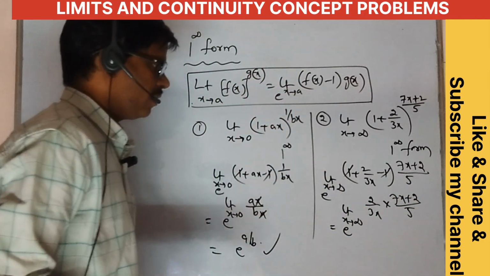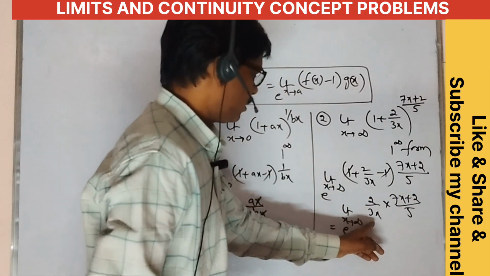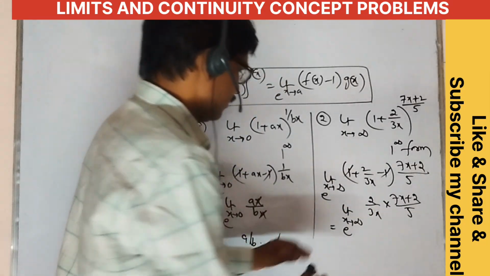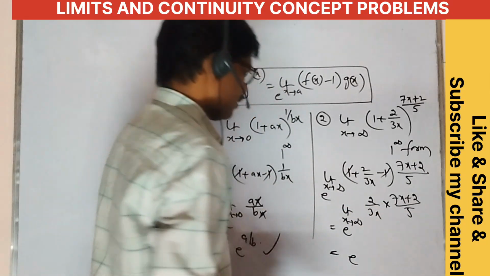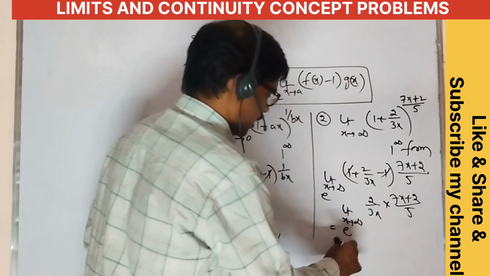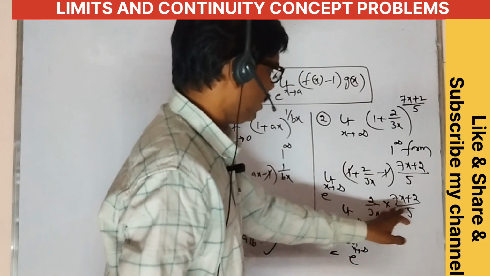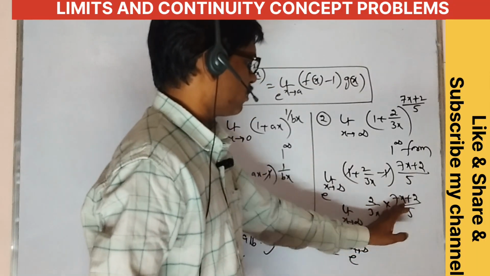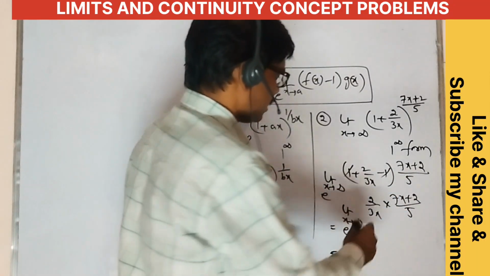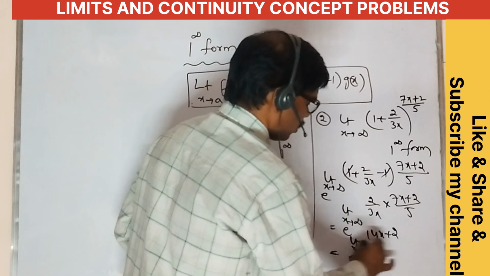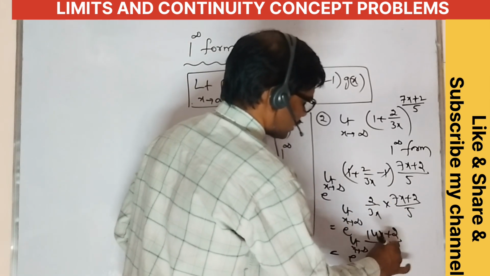Both are multiplied; the 1 cancels. This gives e power limit x tends to infinity of 2 by 3x into (7x plus 2 by 5). Writing this as 3 into x, the product becomes 2 into 14x plus 2 over 15x.